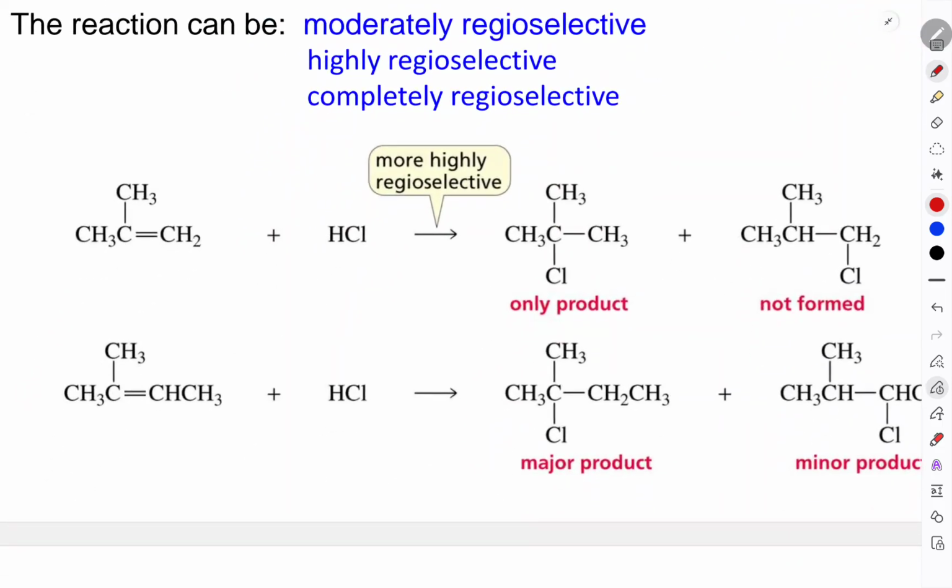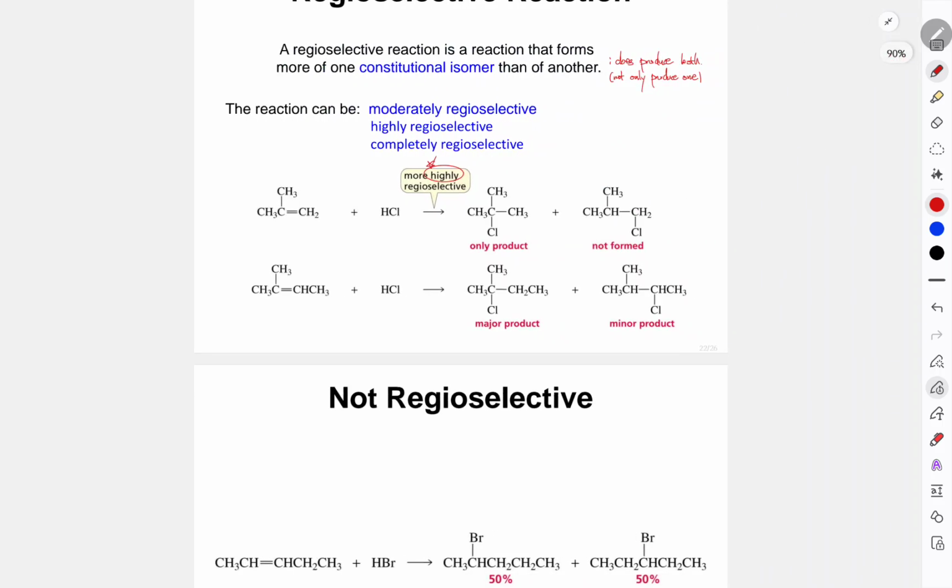And then you can think about a stereoselective reaction as well. If your reaction is generating more than one stereoisomer, and if the reaction gives you one more exclusively than the other, then you can say stereoselective reaction. There's more terminology like chemoselective, but I guess you don't need to know that for this course.